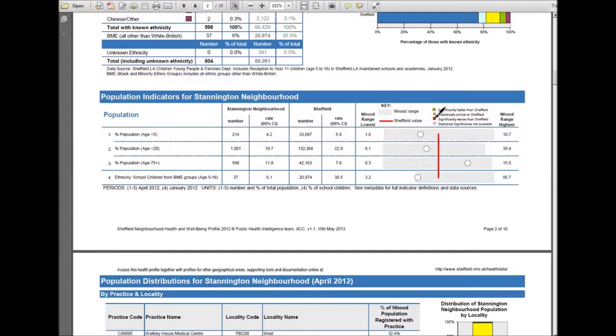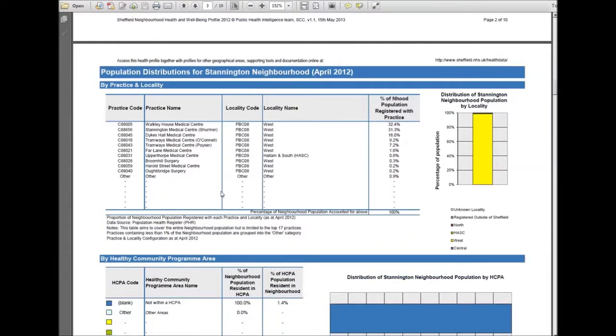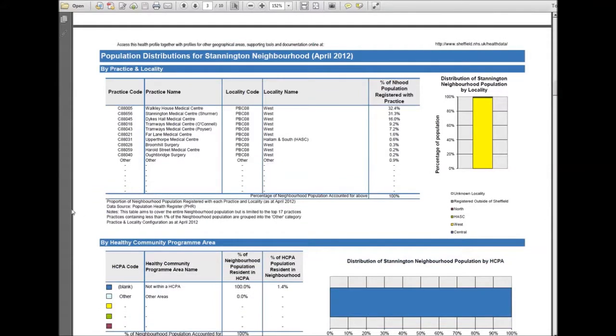As we'll see when we get further down, if something is tested for significance, it'll either be yellow, which is that there is not an obvious statistically significant difference, green if there is a statistically significant difference and it's better, or red if it's a statistically significant difference and it's worse.